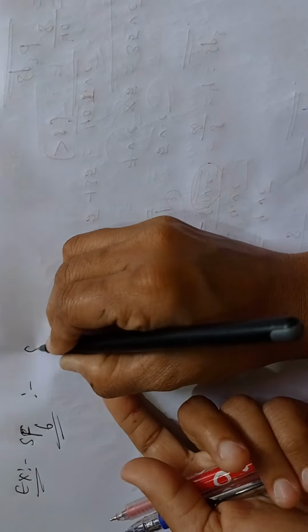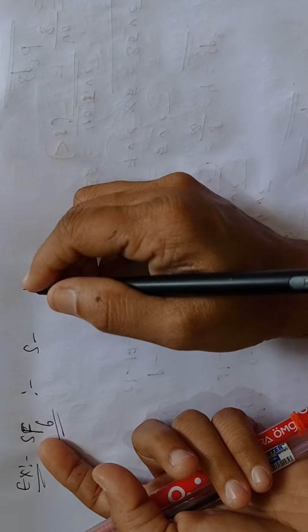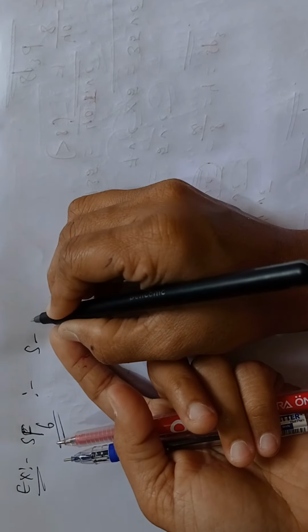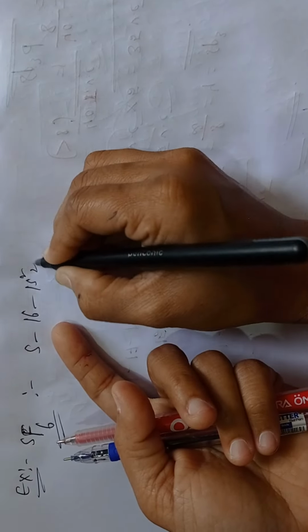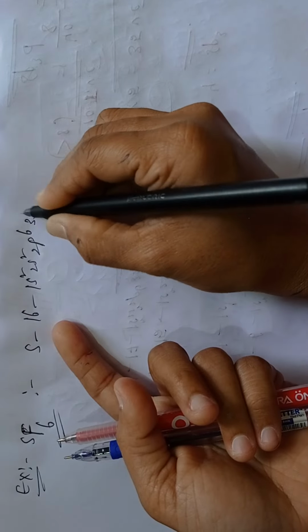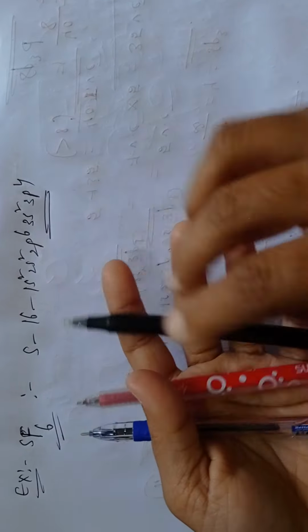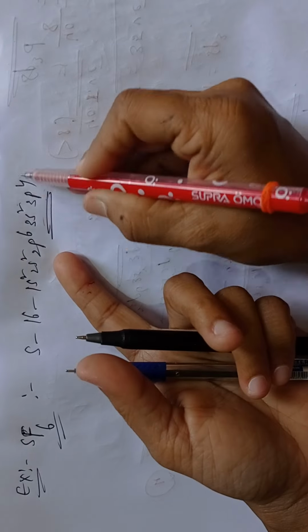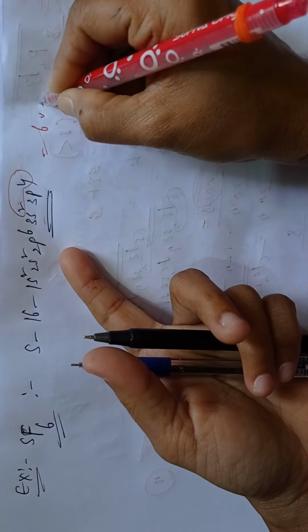Now tell me, students, for the SF6 molecule, sulfur valence electrons: sulfur atomic number 16, 1s2, 2s2, 2p6, 3s2, 3p4. How many valence electrons? The third shell is the valence shell. 2 plus 4, 6 valence electrons.